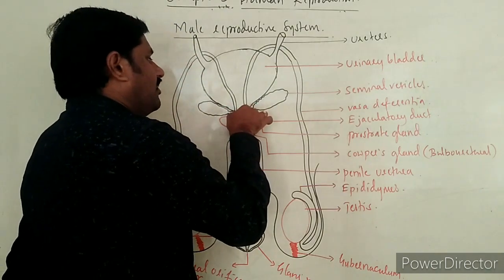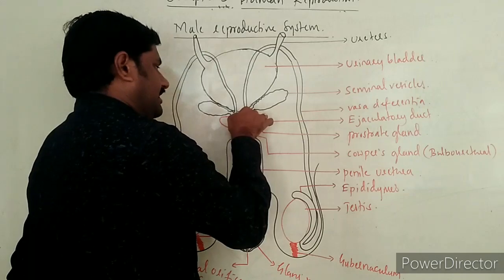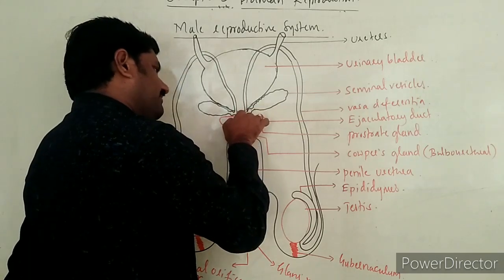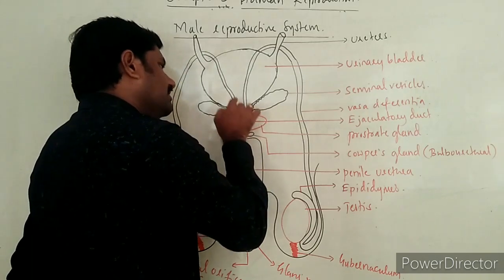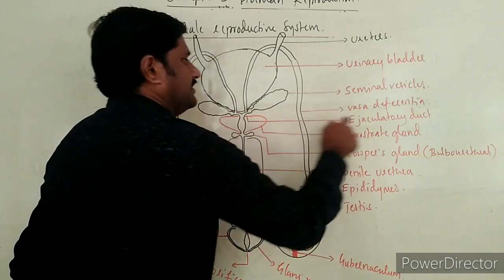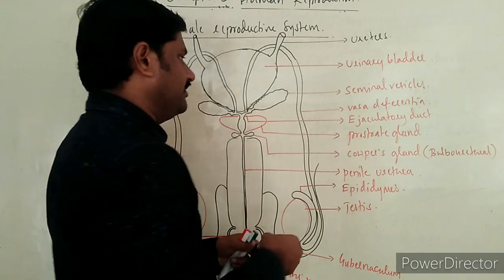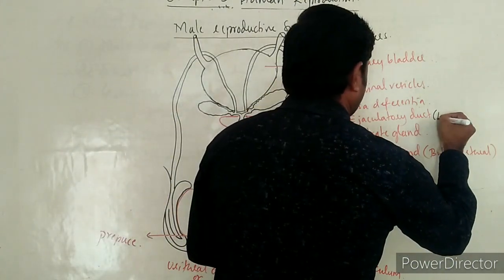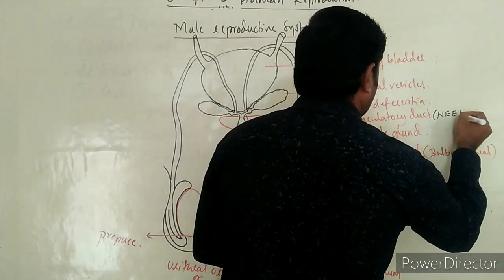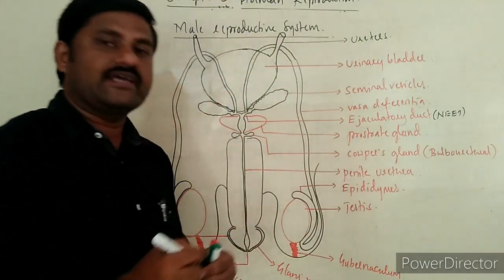The duct of the seminal vesicle as well as the vas deferens together form the duct called the ejaculatory duct. This is a more important point to be noted over here. As far as NEET is concerned, the question arises: what makes the ejaculatory duct?